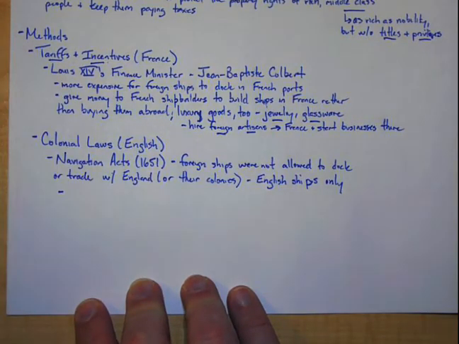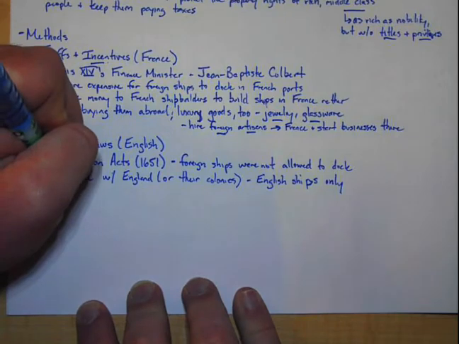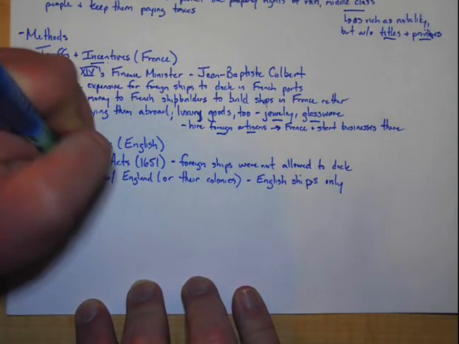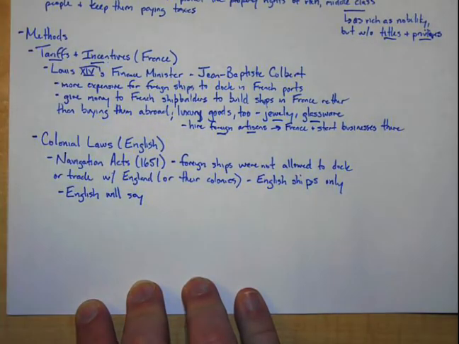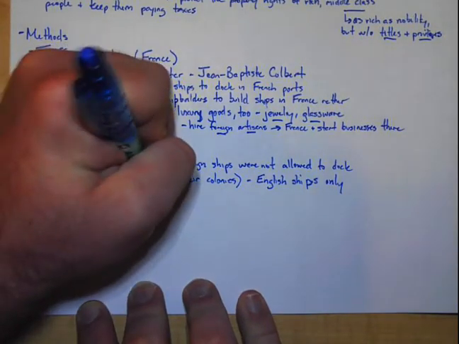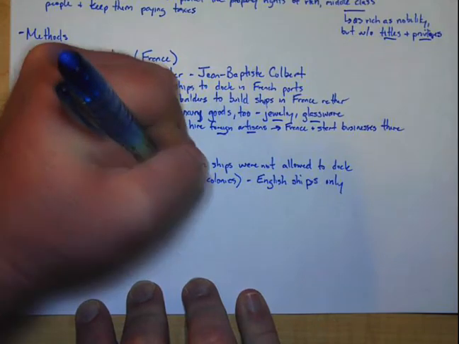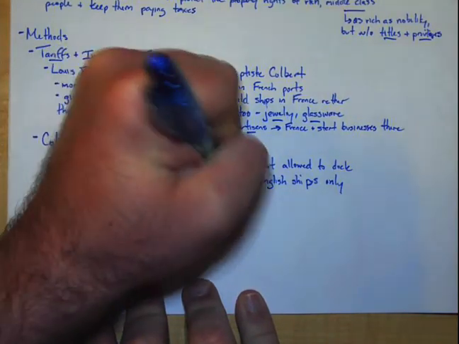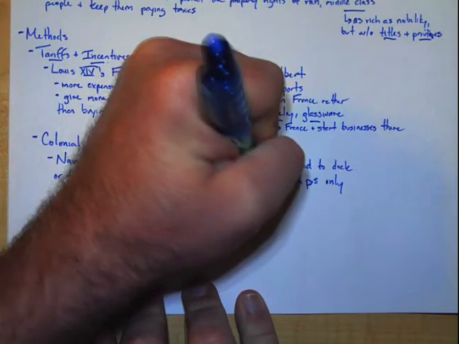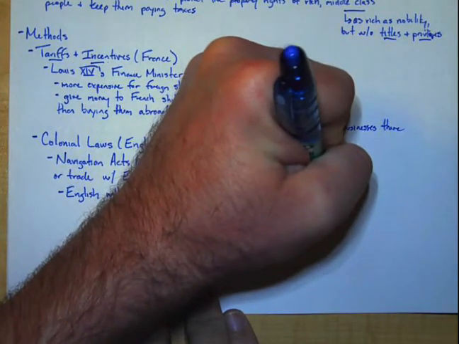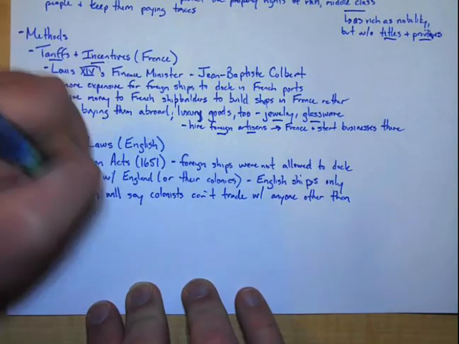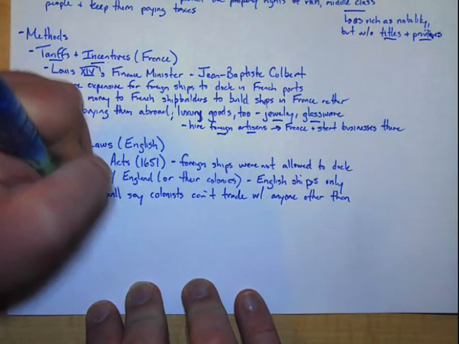Eventually, the English are also going to say that their colonists can't trade with anyone other than with England.